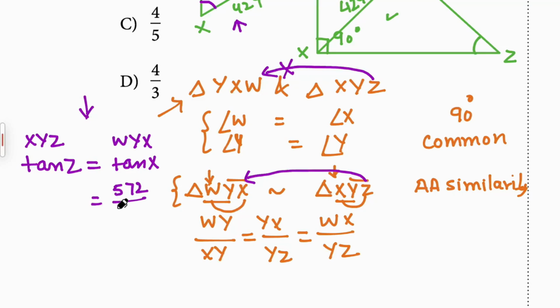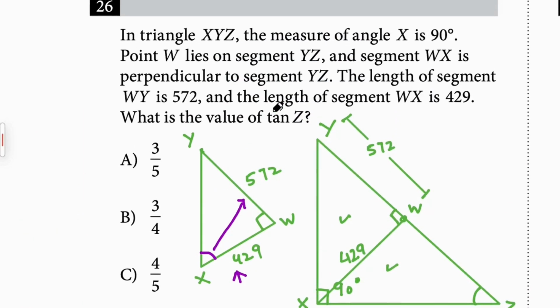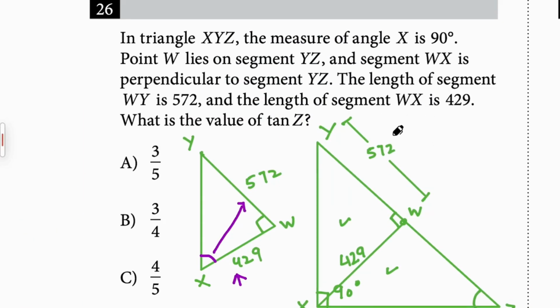So that will be 4 by 3, right? Smart question. It is teaching us, if a lot of information is given, how to break it first and which information is good for that question. Checking that is again the second smart step. So, okay, good question. I hope you get it.